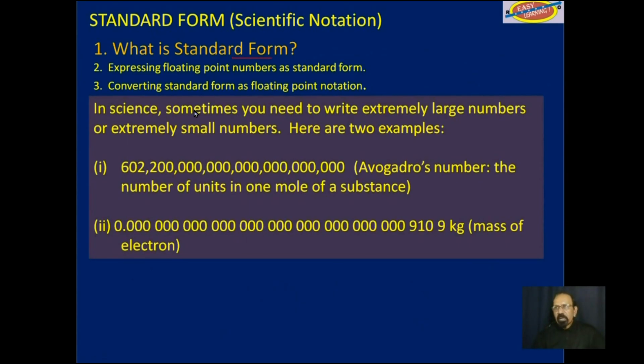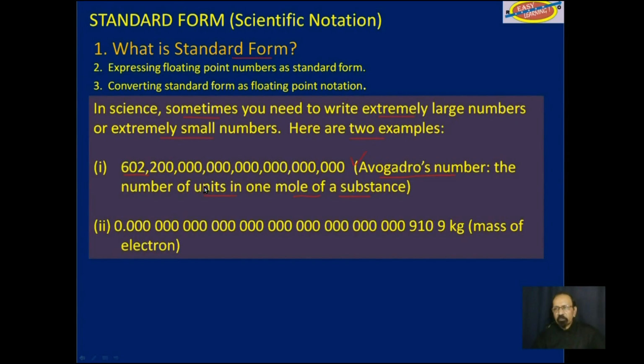In science, sometimes you need to write extremely large numbers or extremely small numbers. Here are two examples. This number here, 602 with 2 and a whole lot of zeros behind it, is known as Avogadro's number, and it is the number of units in 1 mole of a substance. So that's an extremely large number.